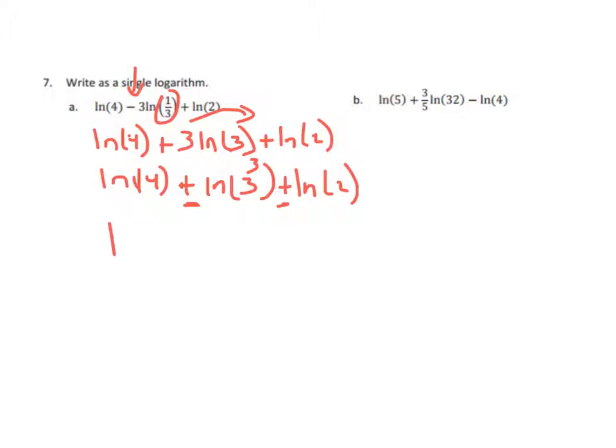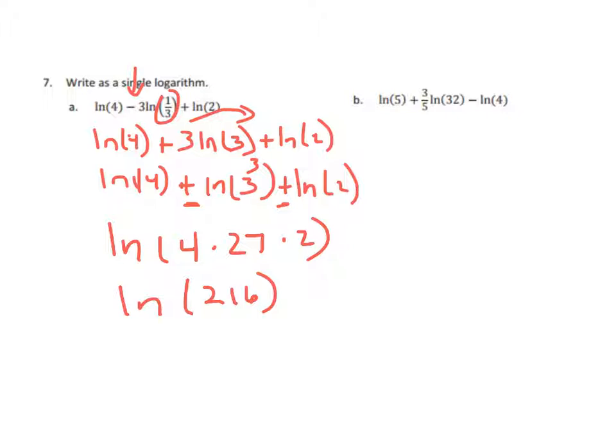We can do the natural log of 4 times 3 cubed, which is 27, times 2. So it's the same thing as the natural log of 216. Our job was just to rewrite as a single one.